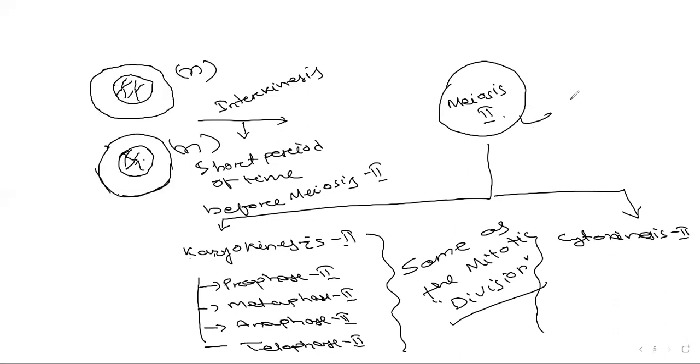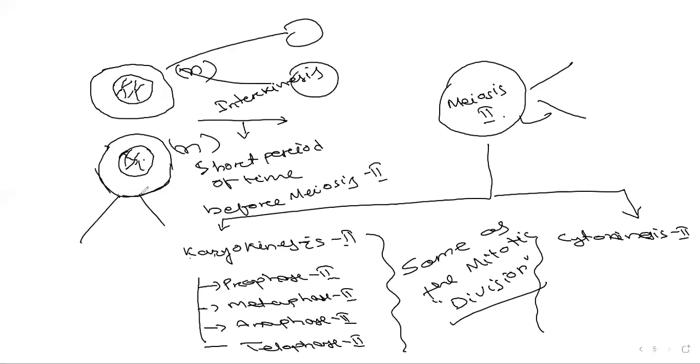The number of cells formed after this meiosis 2: this cell will give rise to 2 cells, and this cell will give rise to 2 cells. So these cells also have n number of chromosomes, the same number. So that is called your equational division, the same as the mitotic division.